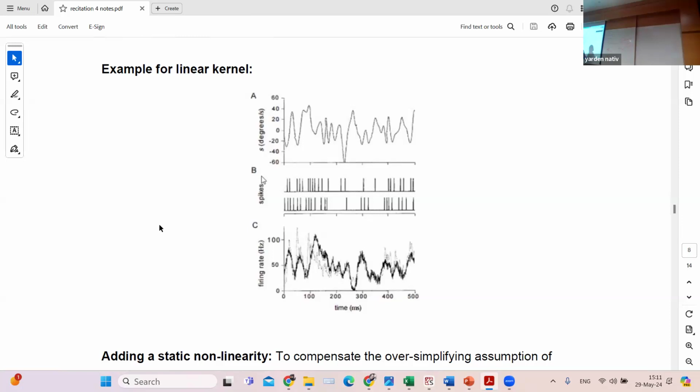You almost don't see it, but this is the average firing rate. And then we ask ourselves, if I take the stimulus and put it inside my model, what would my model predict? And you can see that this is the prediction of the model, and it is not a very bad one. So this is an example of a model for encoding, where we want to predict the neural response, and we have a nice way to do it. Okay?